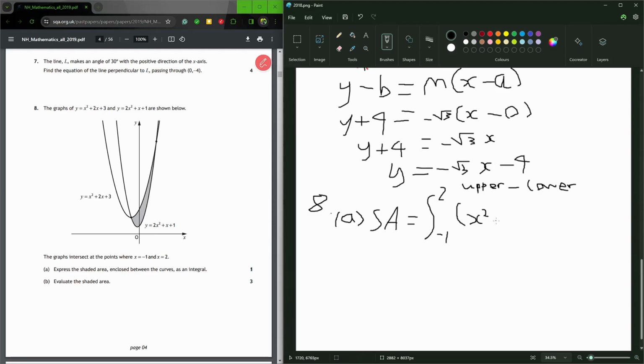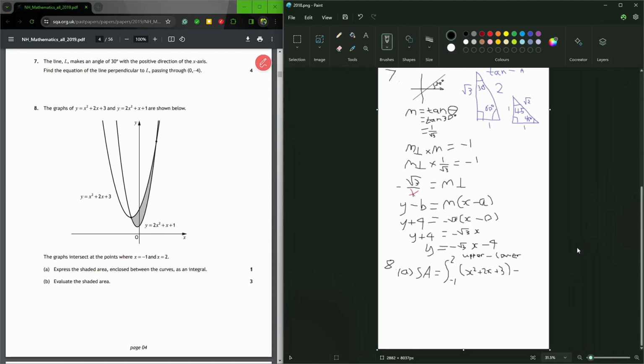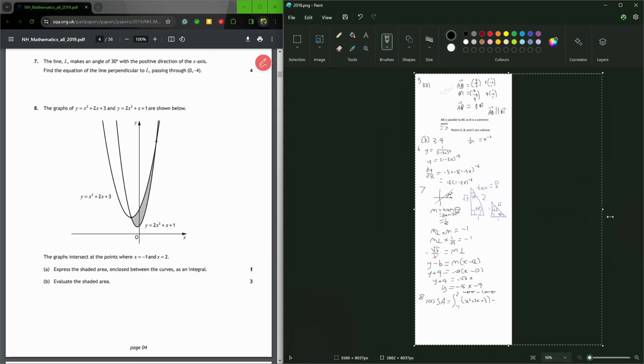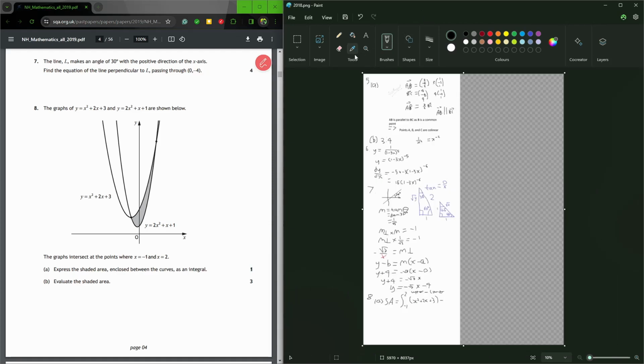Oh dear, this is going to ruin my mouse sound, isn't it? Plus 3. I'll put it in brackets, minus, and then how much can I move over here? Oh, not a lot. Hold on, we'll just do a wee bit of engineering. Yeah, there we go.